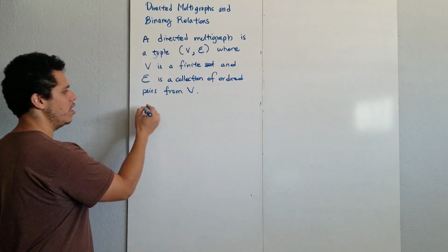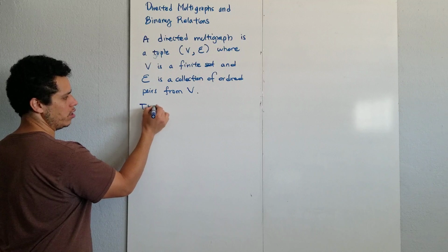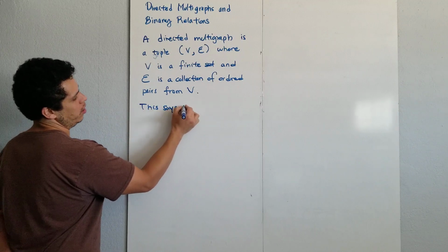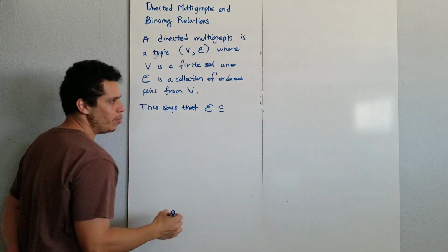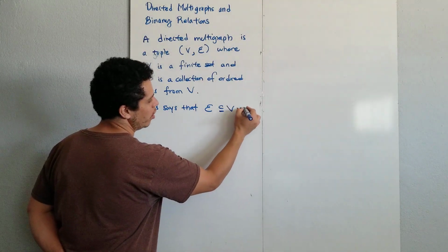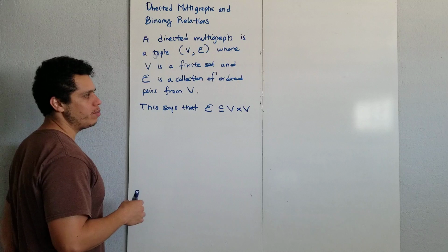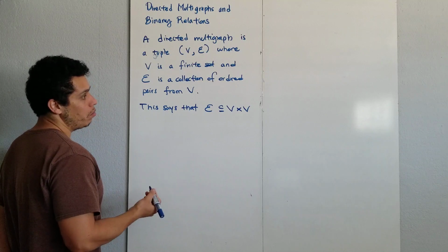look at this. This says that E is a subset of the Cartesian product of V cross V. Huh?